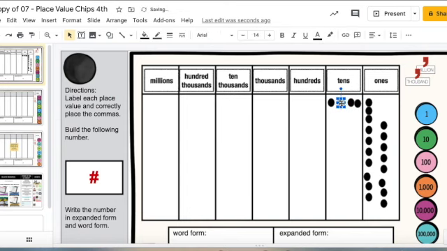Stop and think, guys. If I have four 10s, and I want to get 10 times this four 10s, 10 times as many as four 10s, that would look like this.